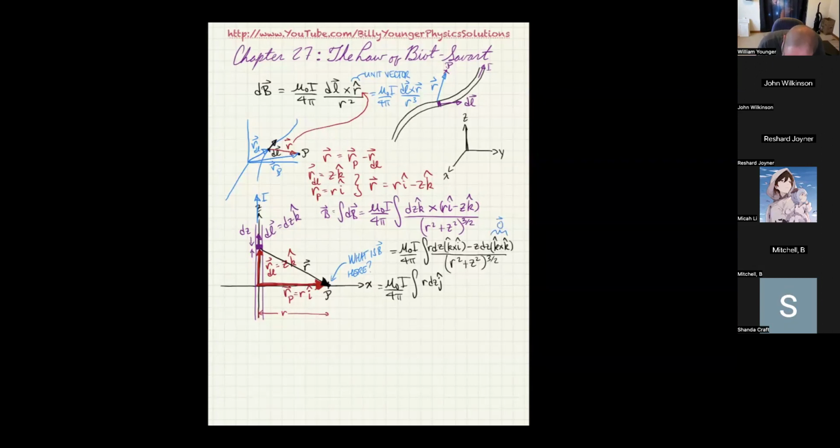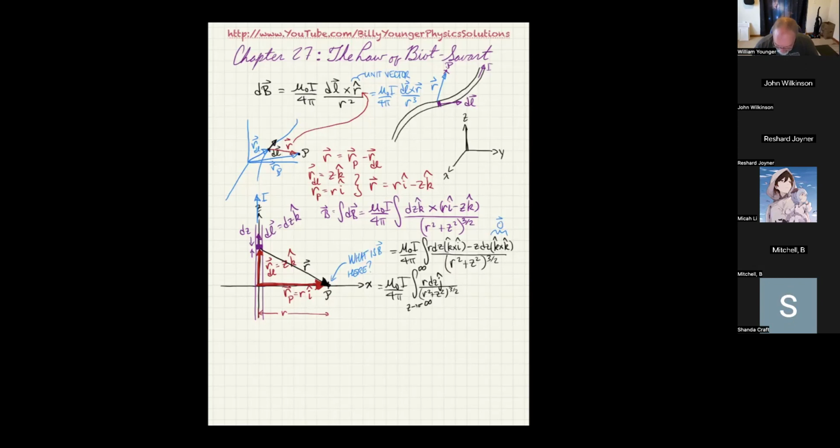And what I have left down in the bottom is r squared plus z squared to the 3 halves. Okay. And I've got to integrate this from z approaching negative infinity, because it's an infinitely long wire, to positive infinity.